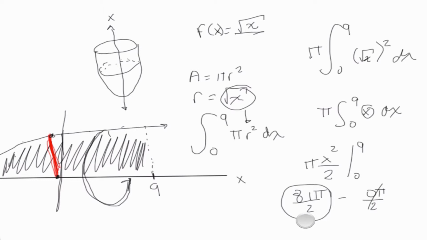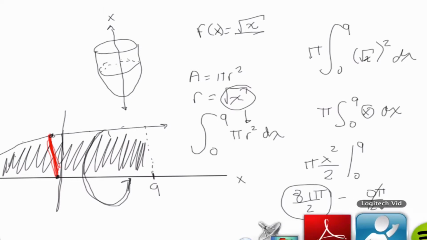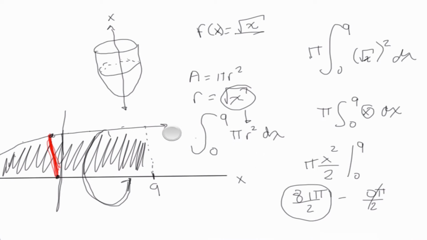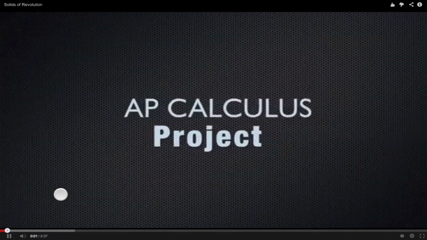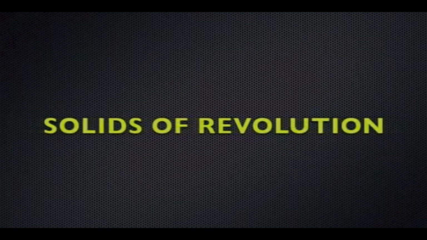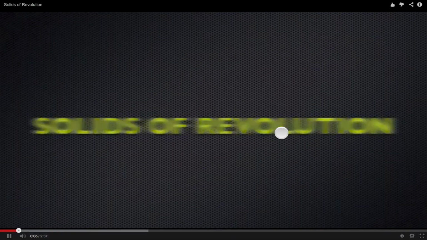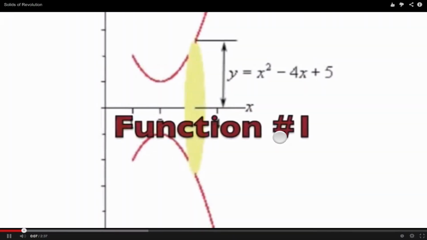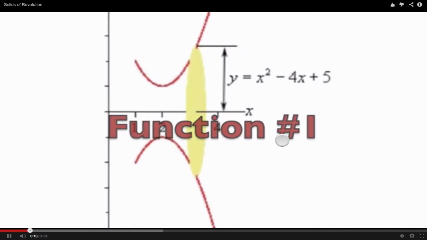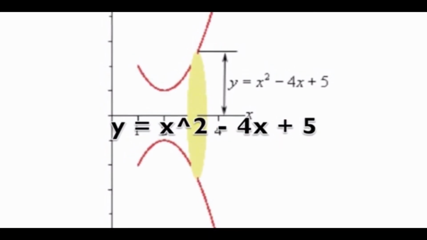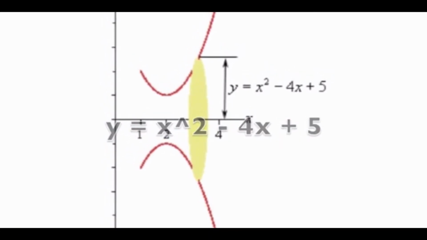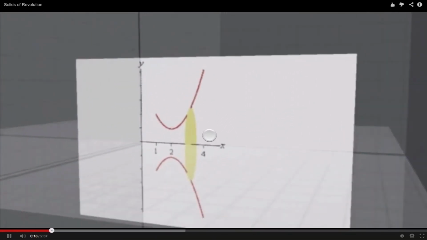The video that I have for you here gives you a better visual of what the 3D looks like. This is actually something a girl in an AP Calculus class came up with, and this is her solids of revolution. She had some pretty slick software to do this with. What she's showing you here is the x, y, and then the z axes, just to give you that three-dimensional look.